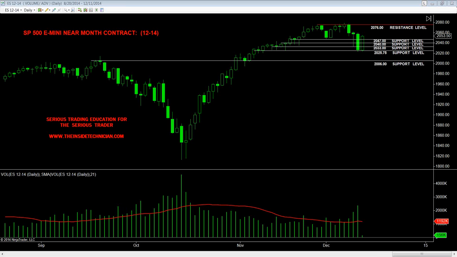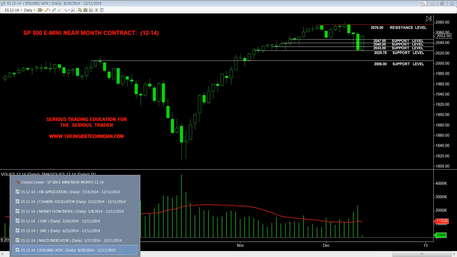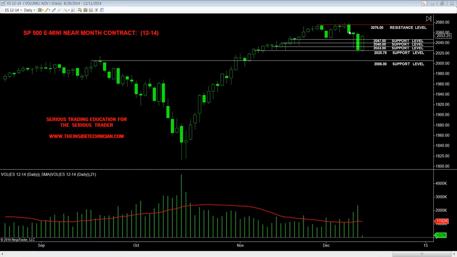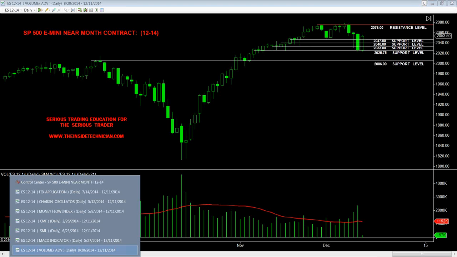As we take a look at the money flow indicator, which is a clear, concise and extremely accurate representation of what the largest institutions, the largest hedge funds, are in fact doing behind the prices here, you'll see that the bias was to the downside.